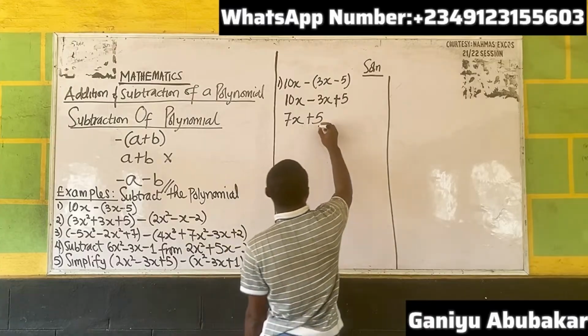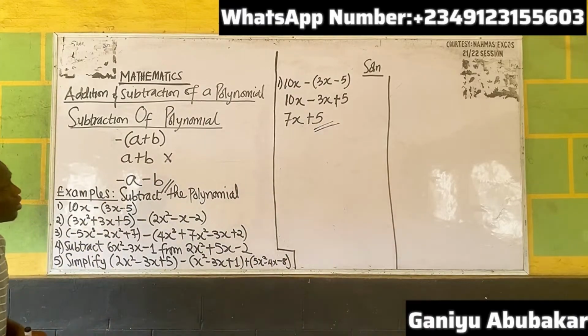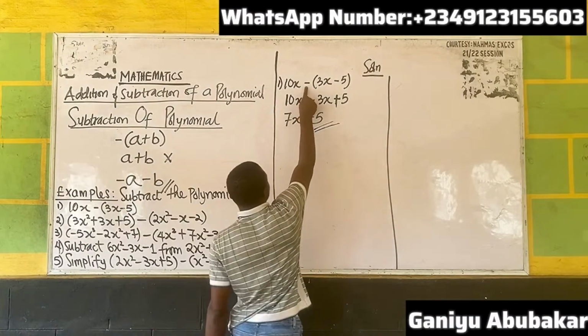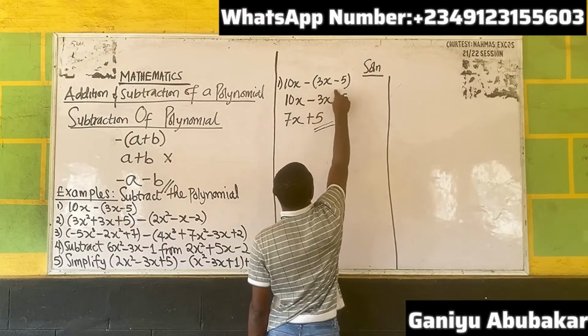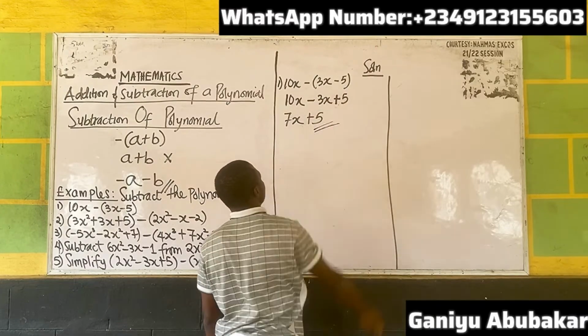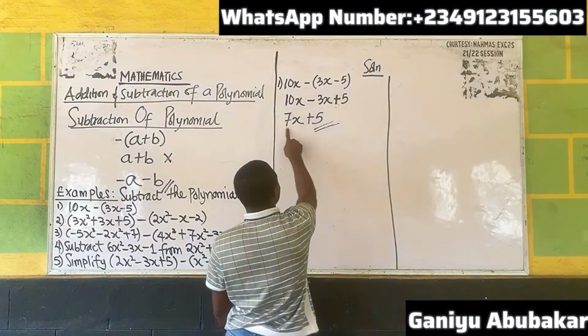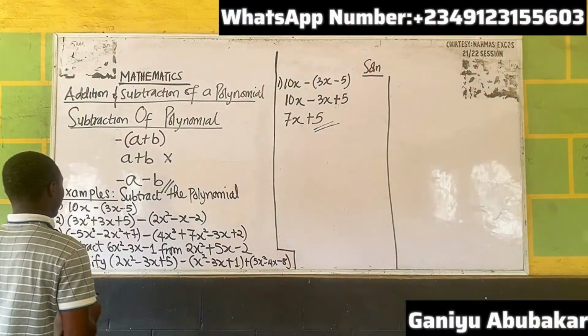So this becomes your simplified answer to question 1. Just expand: negative times 3x gives negative 3x, negative times negative 5 gives positive 5. So 10x and negative 3x can combine, giving 7x, then plus 5. Next up, number 2.